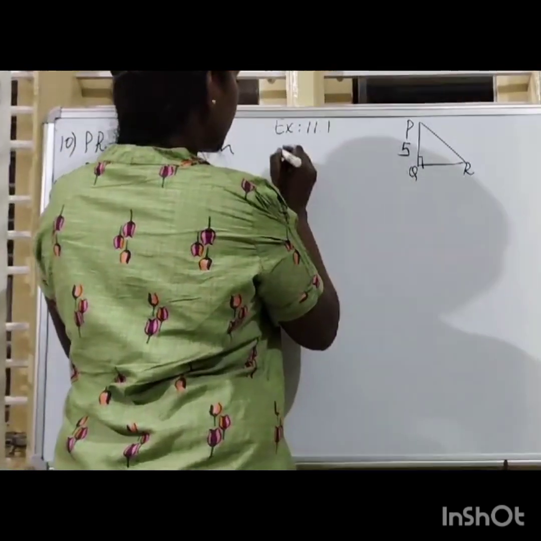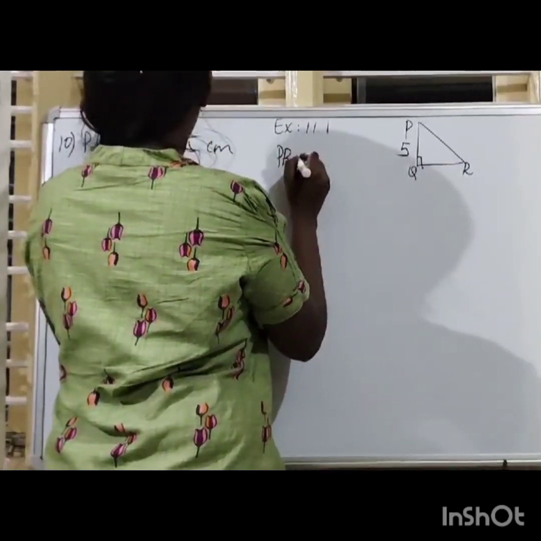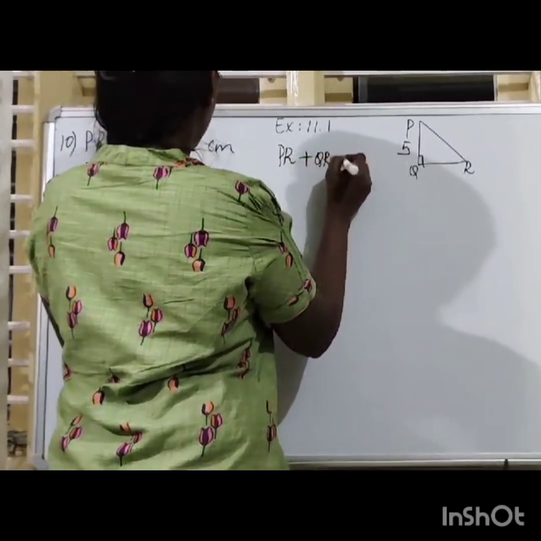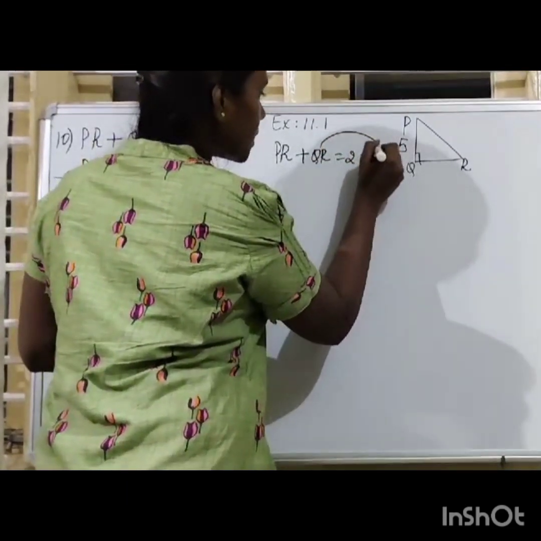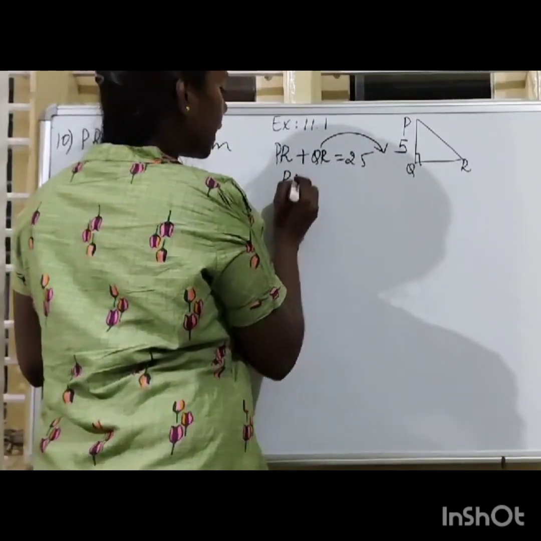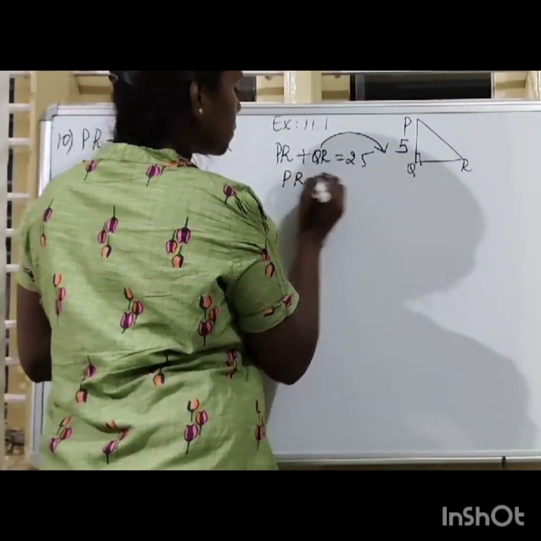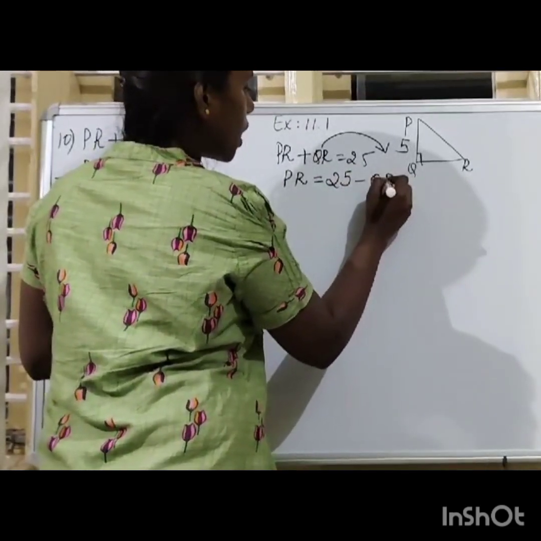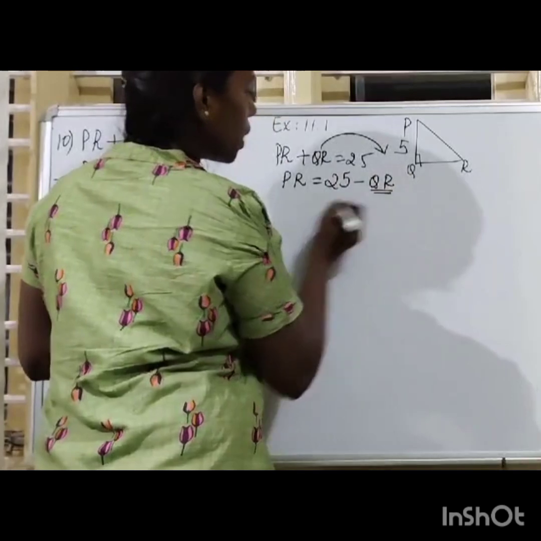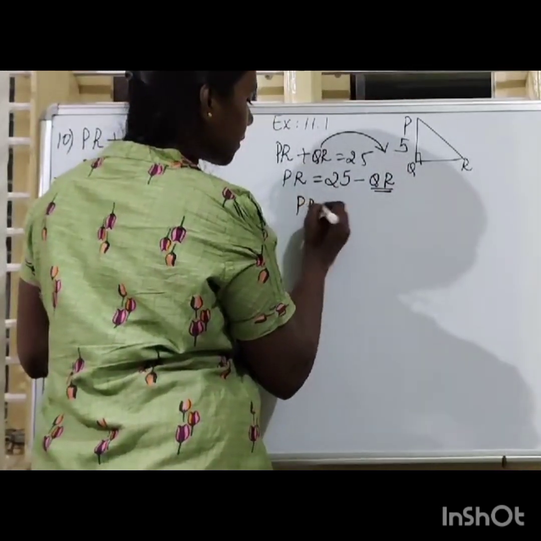Now it is given that PR plus QR is equal to 25. So let us send this QR to this side. We'll get the value for PR as 25 minus QR. Let us consider QR to be x.